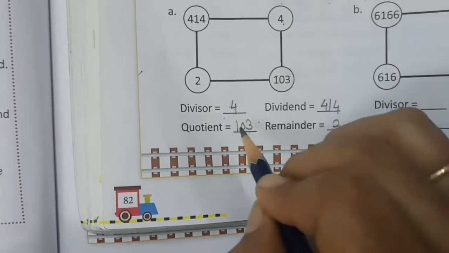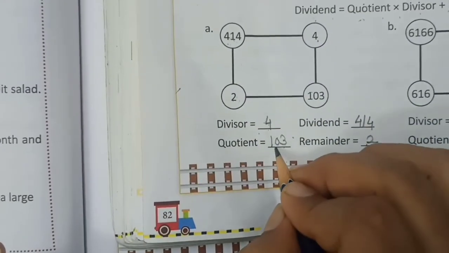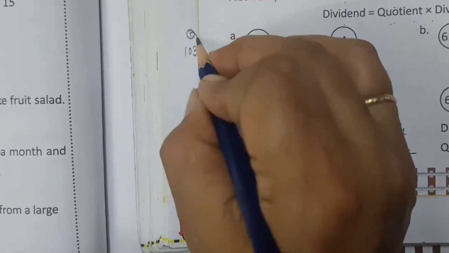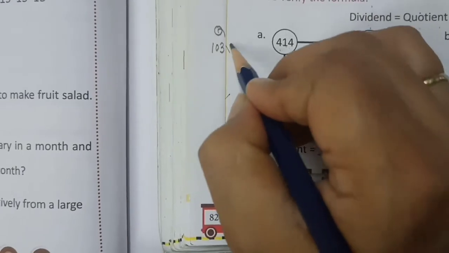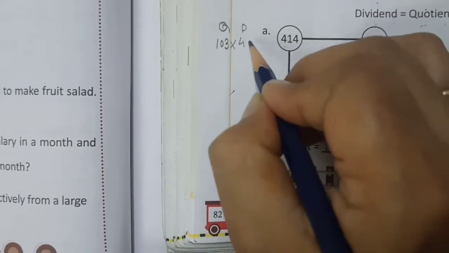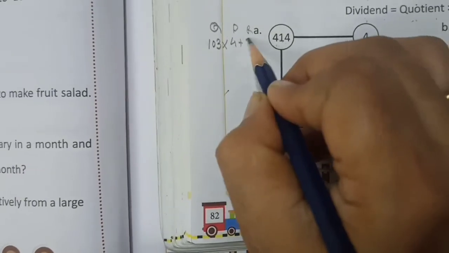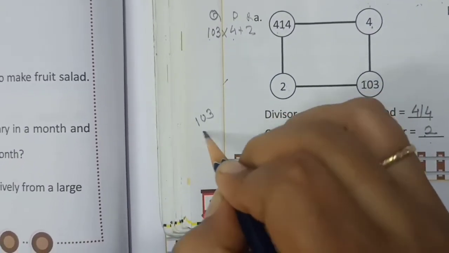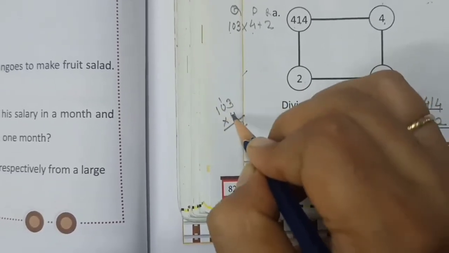Now we have to verify the formula. Okay, so here if we take 103 as the quotient, then multiply the divisor, we take here the divisor as 4, and plus remainder 2. Okay, so first we have to do multiplication of 103 by 4. 4 3s are 12.